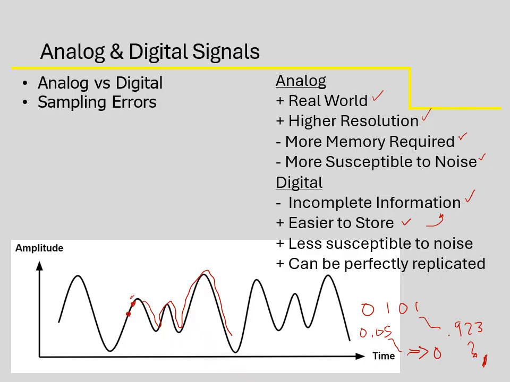We have a reduced sample of the complete information. It is less susceptible to noise, as just described, because it's harder to mistake a zero for a one or a one for a zero. And it can be perfectly replicated because if we have the exact binary code of that information, we can perfectly copy it. You can never perfectly copy an analog signal.